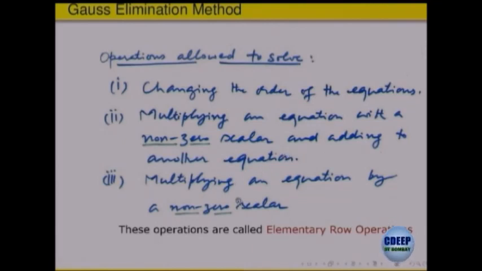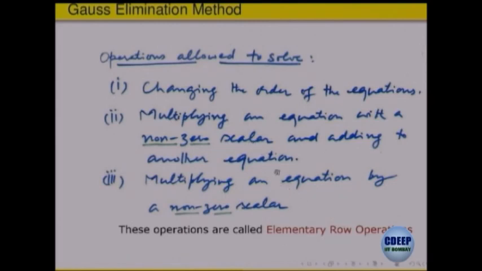And thirdly, if you multiply an equation by a non-zero scalar, you are only scaling both sides equally, so the solution does not change. But an important thing is that it should be a non-zero scalar. So, these 3 types of operations performed on the equations are called elementary row operations.